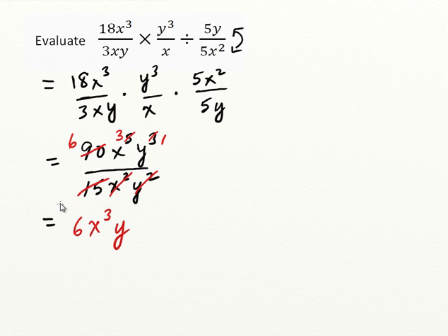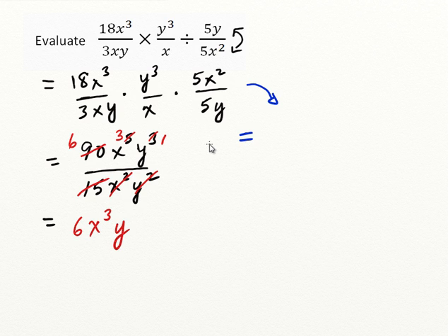mathematical expression. Now, you'll notice just one quick little thing here, that we went ahead and we multiplied all the tops together and all the bottoms together, and we got some pretty large numbers. So we had 90 up top, 15 down the bottom, and then we had to simplify. A better strategy might have been to perhaps simplify before we multiply.